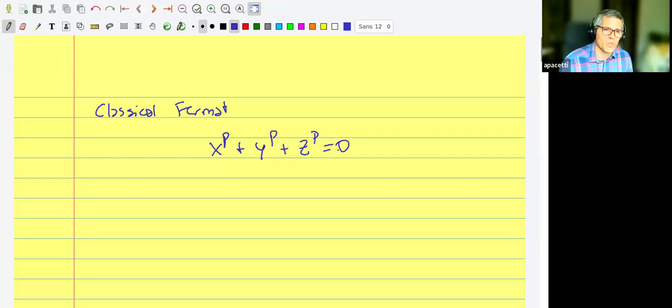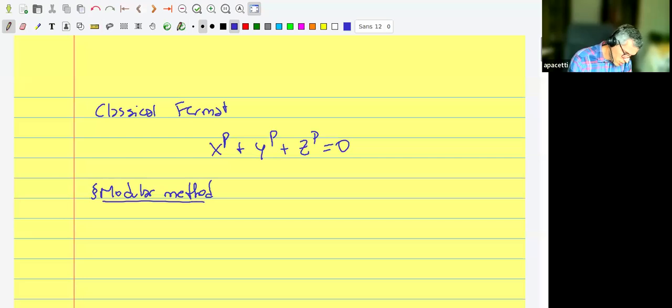You can just put the minus sign via change of variables. And so how does the proof given by Wiles and co-workers work? What is somehow called the modular method works as follows.